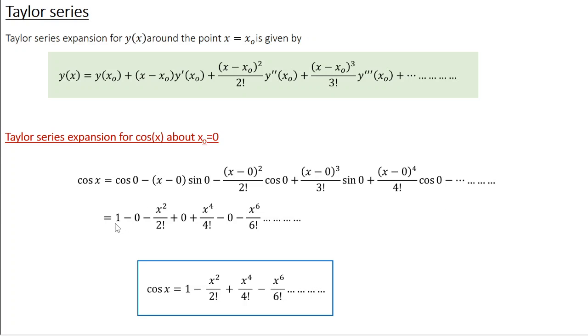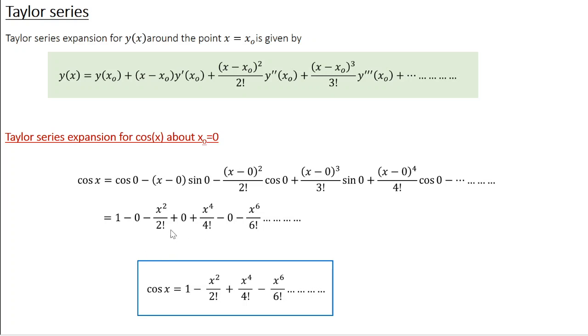Cos 0 equal to 1, so 1 minus sine 0 equal to 0, so the second term is 0, minus x square divided by 2 factorial, once again cos 0 equal to 1, and the next term there is a sine 0 term, so that term goes to 0, and the next term is going to be x to the power 6 divided by 6 factorial.